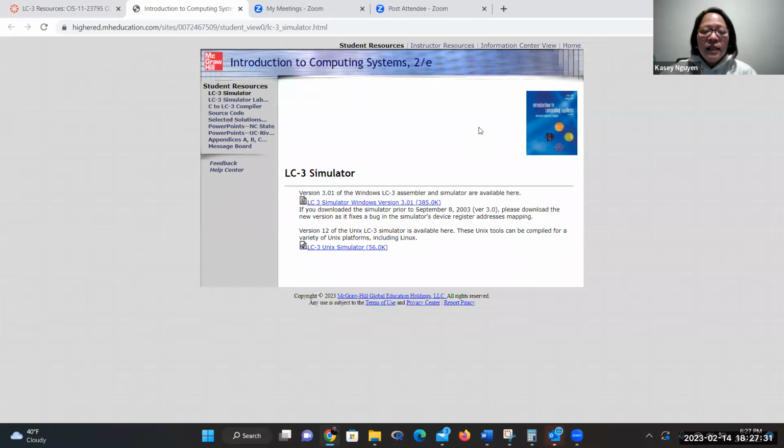Once you click that link to obtain the simulator, you are going to see this. If you have a Windows PC, you're going to download using this link where it says simulator Windows version. You're going to click that. It's going to come down as an exe, as you can see here, and you simply open it and install it.